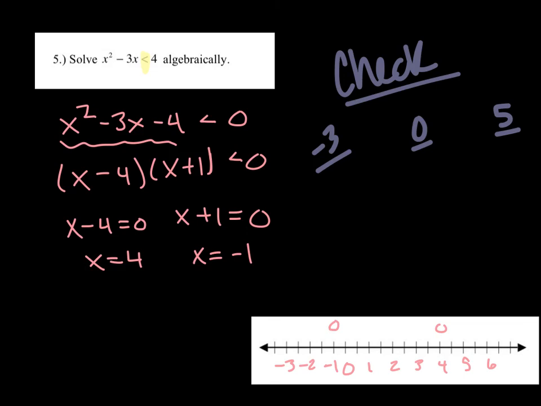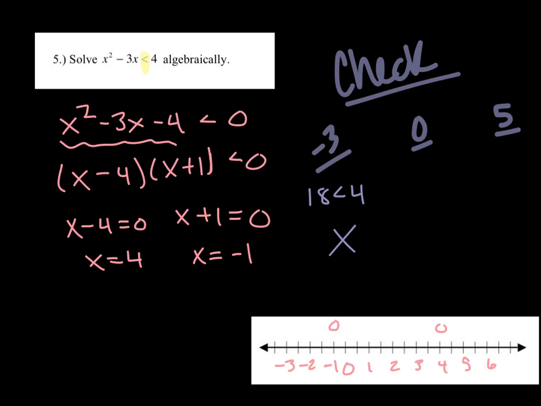So if I check those values, I just plug them in. So I would get negative 3 squared is 9 plus 9. I get 18 is less than 4. That is not a true statement. So we're not going to shade to the left of negative 1. It's not less than negative 1.